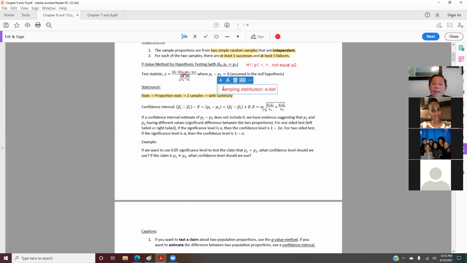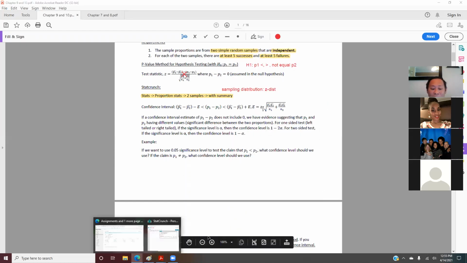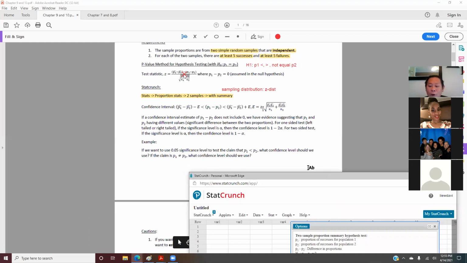Some of you will ask me, is the sampling distribution for all proportions Z and for all means the T distribution? My answer to you is yes. So when you do proportions in 9.1, 7.1 and 8.2, the sampling distribution is automatically Z. If you do not know whether it's Z or T, look at your StatCrunch.